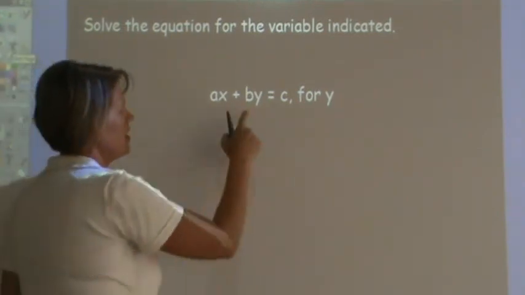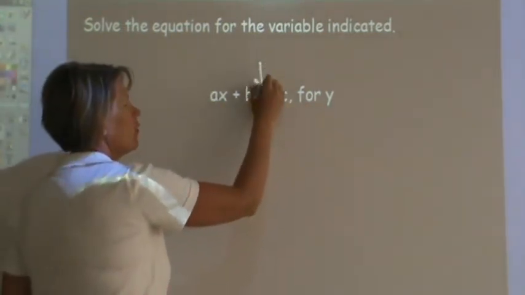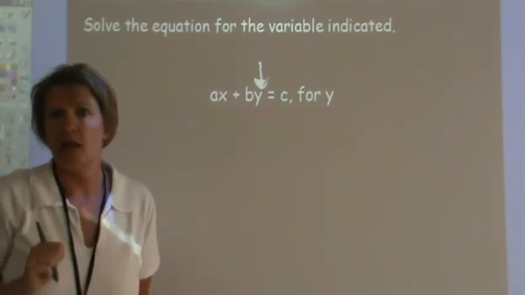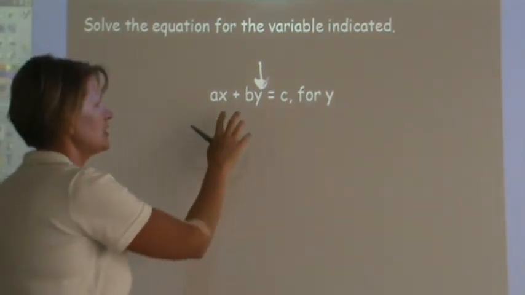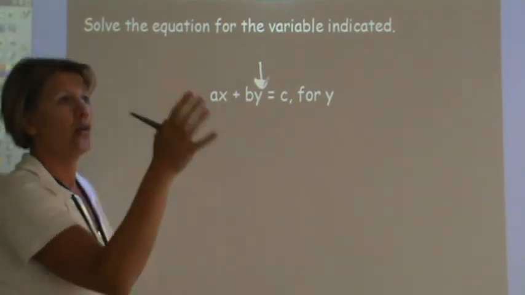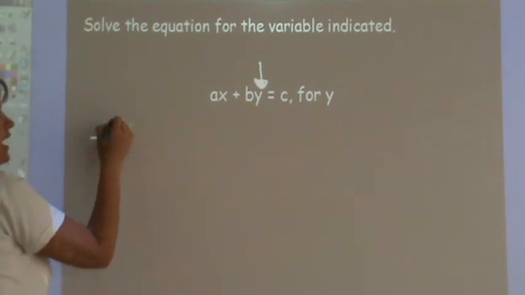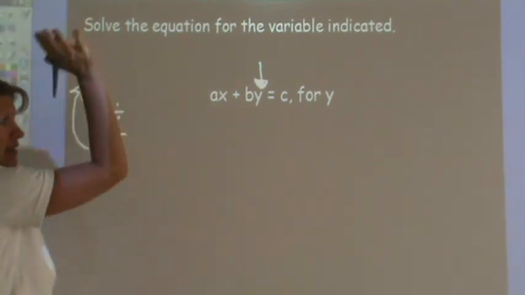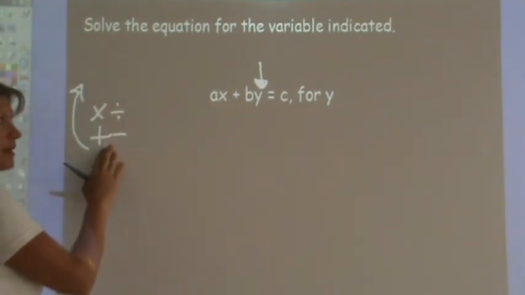All right, let's see, ax plus by equals c. We're going to solve for y. We will actually do this in 1b as well. This is changing the way an equation looks. This is standard form, and we can change it into what's called slope-intercept form. For now, though, you just need to know adding and subtracting first, multiplying and dividing next. We don't have any parentheses, we don't have any exponents, so let's just look at this.